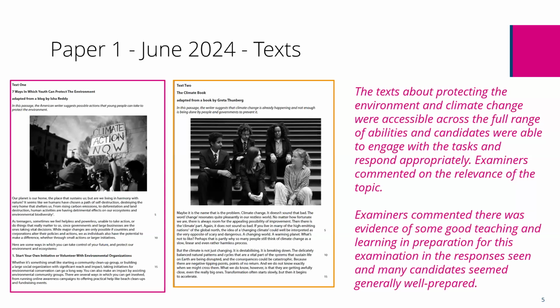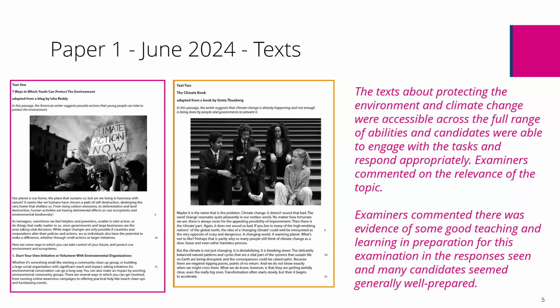In the passage, the American writer suggests possible actions that young people can take to protect the environment. And text 2 was the climate book, adapted from a book by Greta Thunberg. In the passage, the writer suggests that climate change is already happening and not enough is being done by people and governments to prevent it.